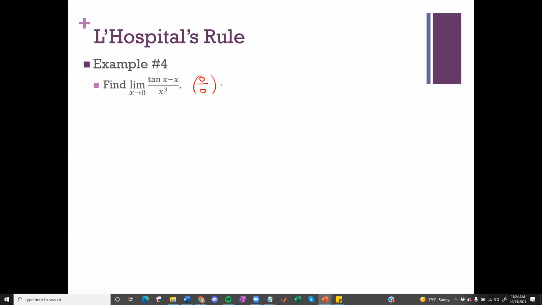Yep, we got the 0 over 0 form, so I can definitely use L'Hopital's rule. What's the derivative of tangent x? Secant squared. Minus 1 over 3x squared. All right. What now?